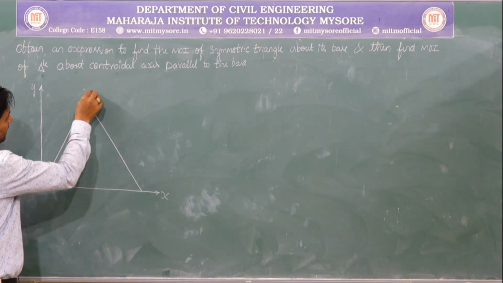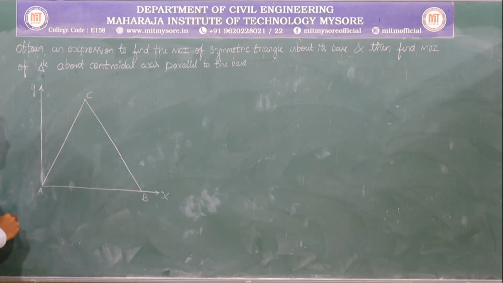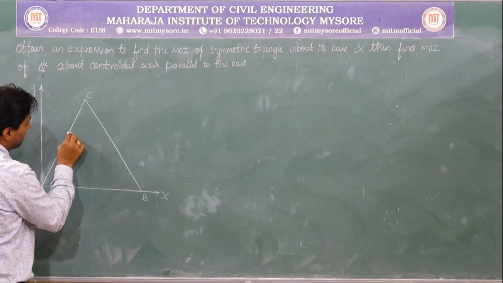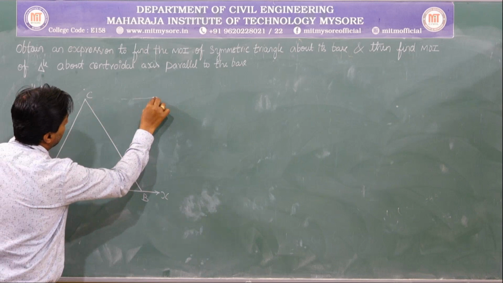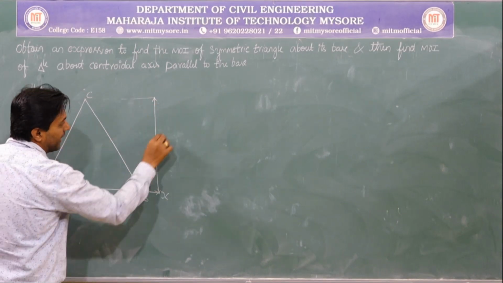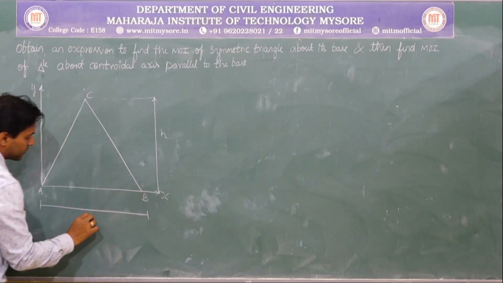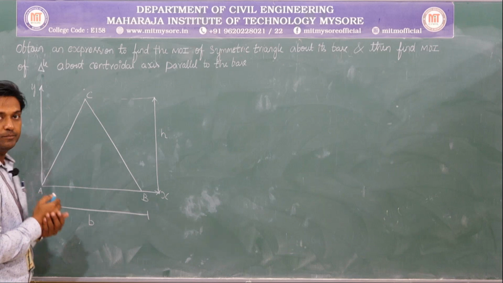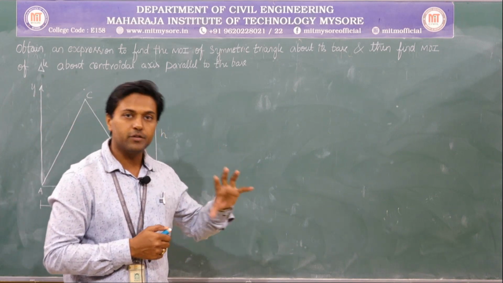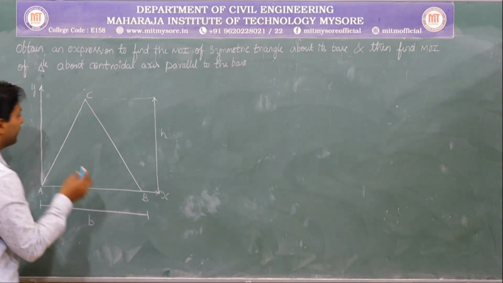Let me call this A, this is B, this is C. Next, let me consider the height of this triangle as H, and the base of the triangle as B. I have already told you many times, I will always go with the part to whole concept. Now also I will be doing the same thing.